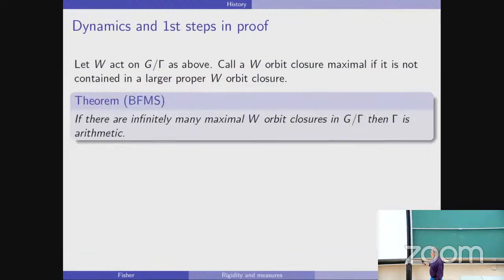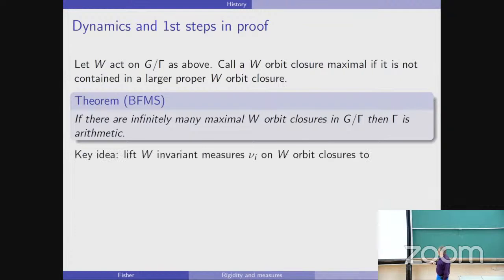And the theorem, really, by the same four authors, says if there are infinitely many maximal W orbit closures in G mod gamma, then gamma is arithmetic. It's absolutely the same theorem. Maybe I should have stated this one first, but the motivation for this theorem comes from geometry, so that's the way we state it first and state it in the papers. And again, it's a finiteness result for non-arithmetic orbit closures.